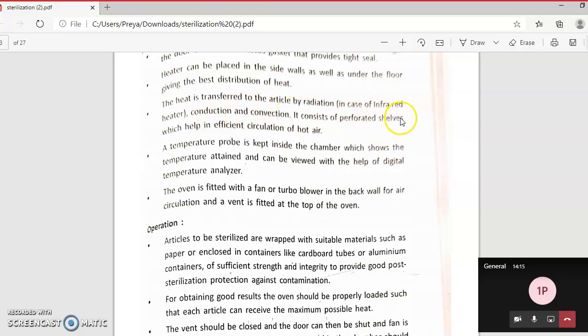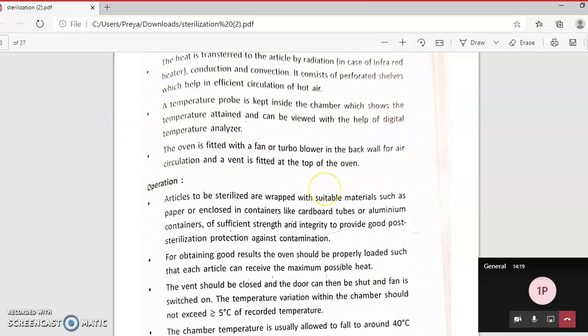And second, the perforated shelf, we have seen, helps in efficient circulation of the hot air. And the temperature probes are kept inside the chamber. They attain the temperature and analyze it, and depending upon that, they turn the heater off and on, okay? Now the oven is fitted with the fan at the back side, which we have already covered, okay?